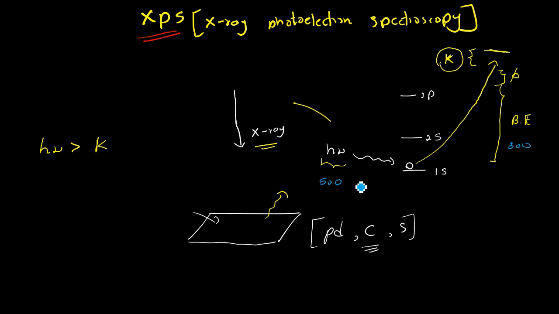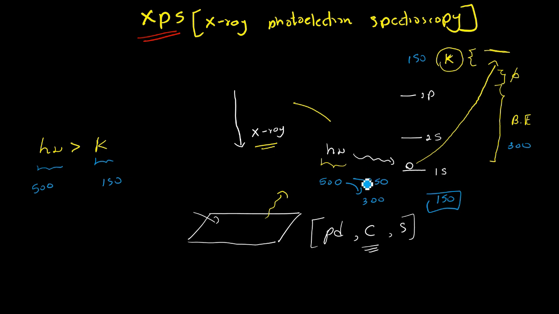So it has to spend 300 to overcome the binding energy, and there are other factors like vibrations where energy will be spent. Let's say 50 also. So the rest, 500 minus 350, is 150. That 150 is in the form of kinetic energy. So this K value is 150, and h nu is 500. You can see h nu is always larger than your kinetic energy, or your detected energy, right? So this is the principle.